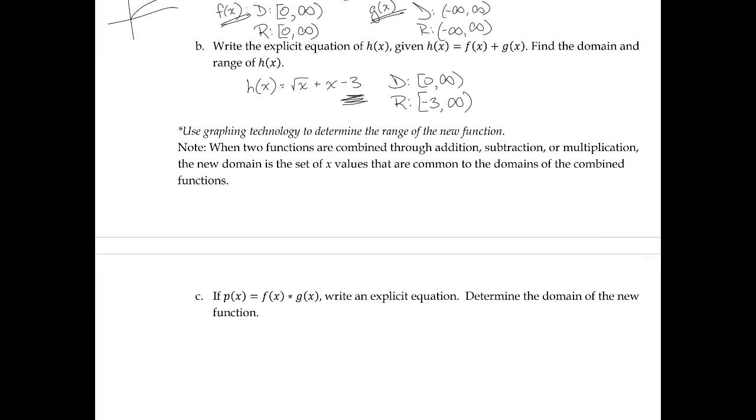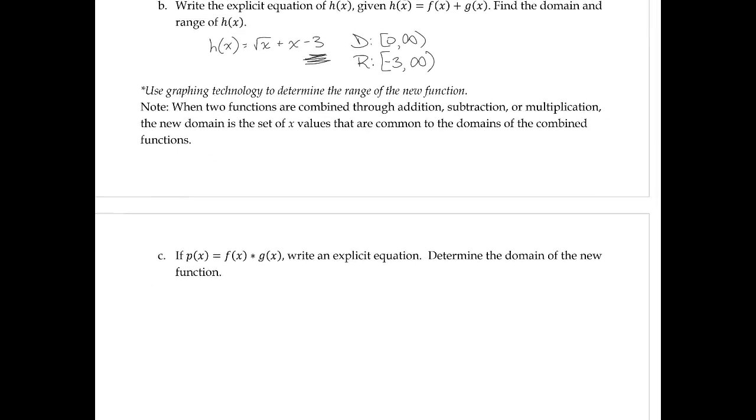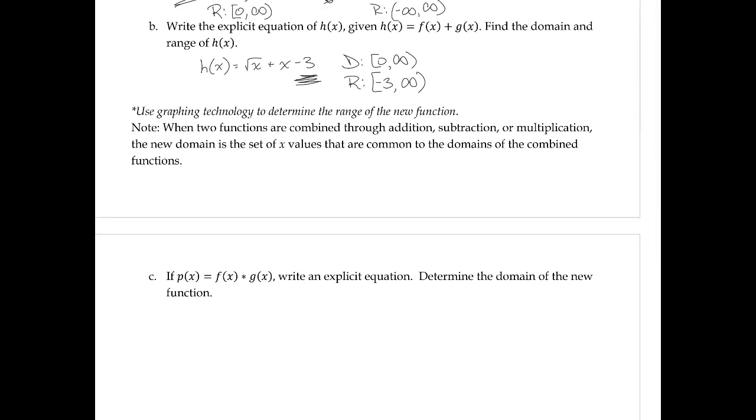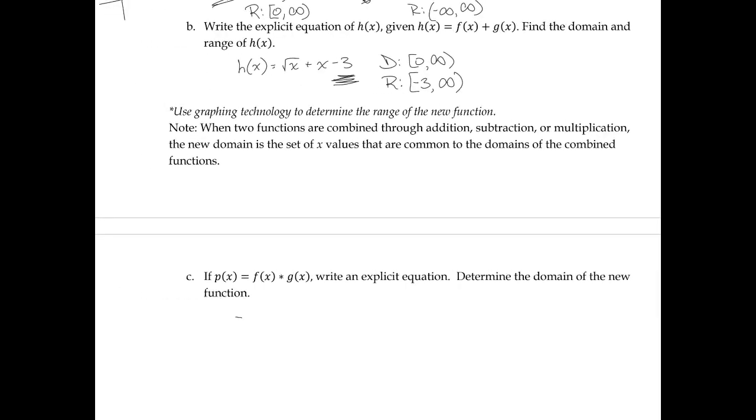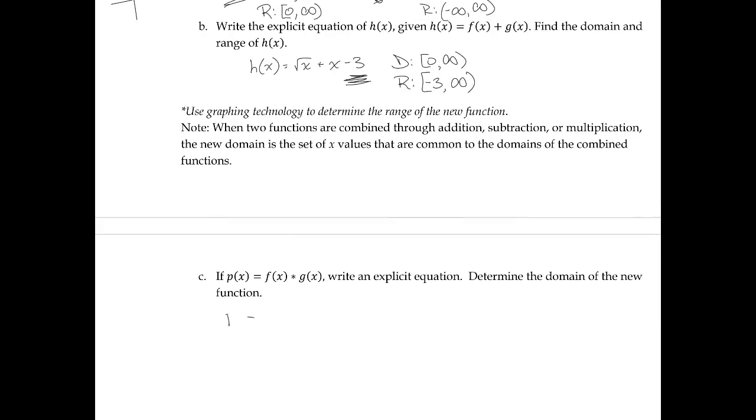Okay, so restrictions on the domain apply to new functions as well. If we were multiplying, we would have the square root of x times x minus 3, which would be x root x minus 3 root x.